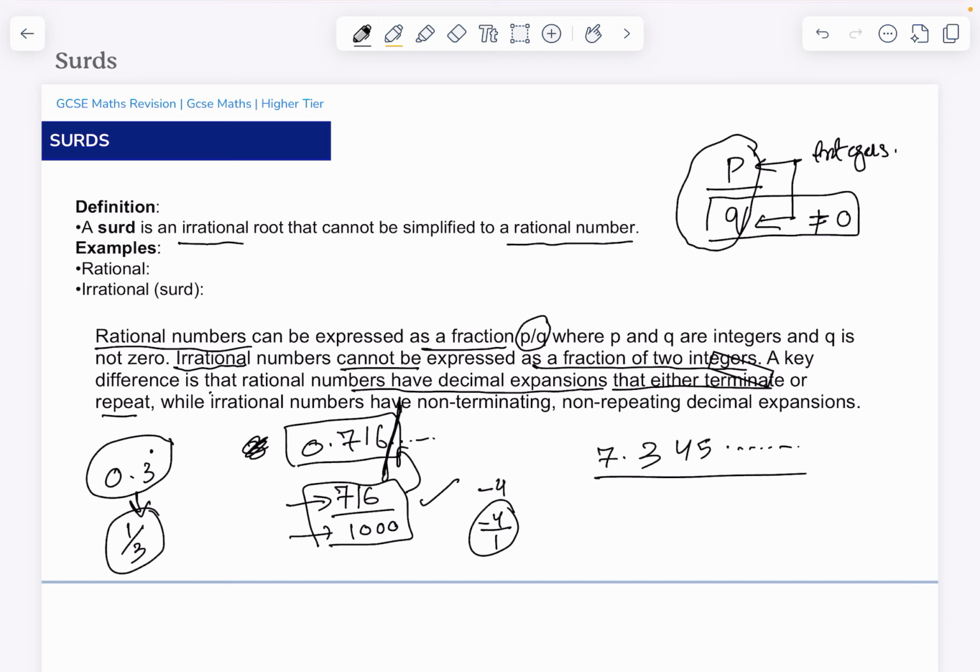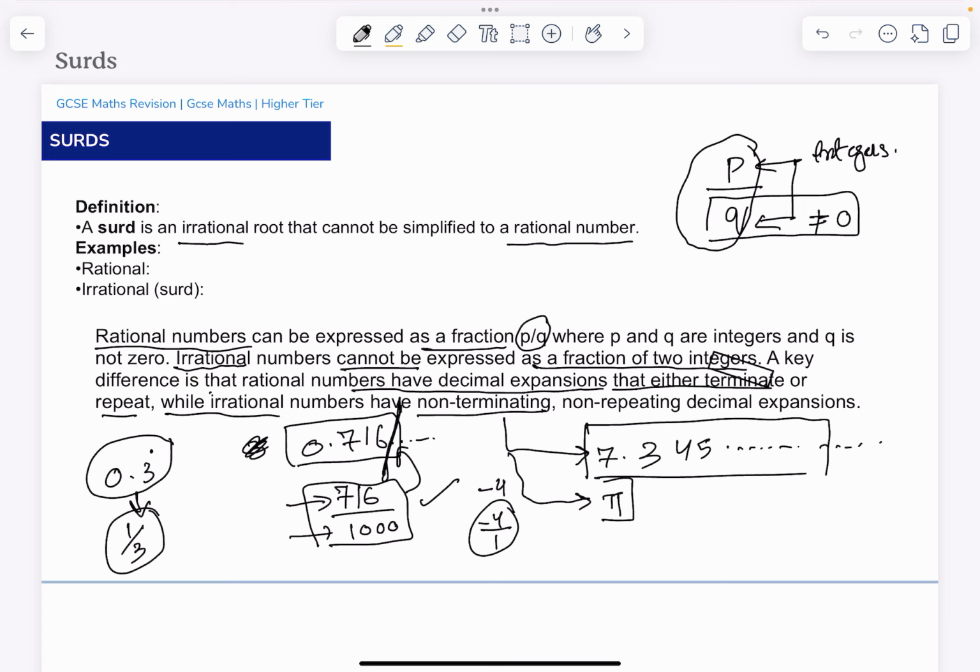So what we have learned: a key difference is that rational numbers have decimal expansions that either terminate or repeat, while irrational numbers have non-terminating ones, like in the example I have given you, 7.345 and going on. Like the value of pi. Now pi is not equal to 22 over 7.